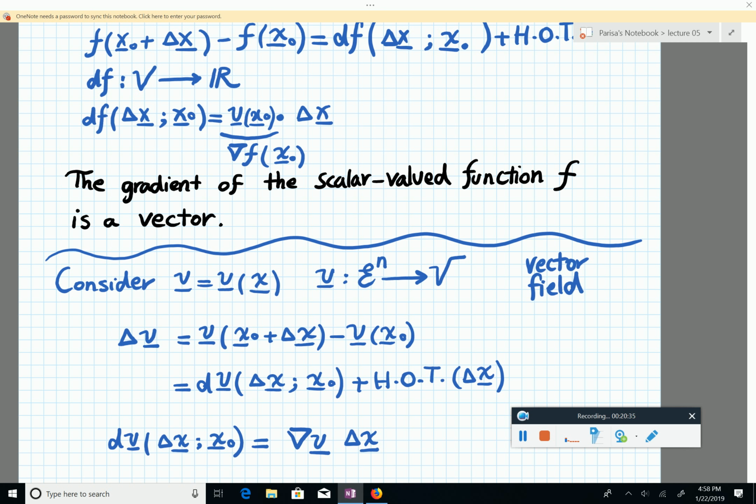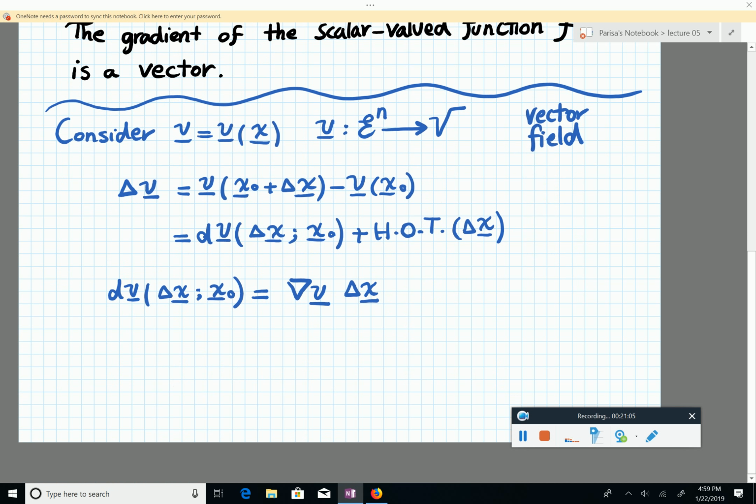This is just the name I gave it, the same way as my name is Parisa, I could have named it something else, right? I just chose the del operator because everyone else does, because this is the convention we have used. But it's not necessary. Did I answer your question? We'll get to divergence. If you never heard of it, don't worry. It's just a couple of minutes from now.